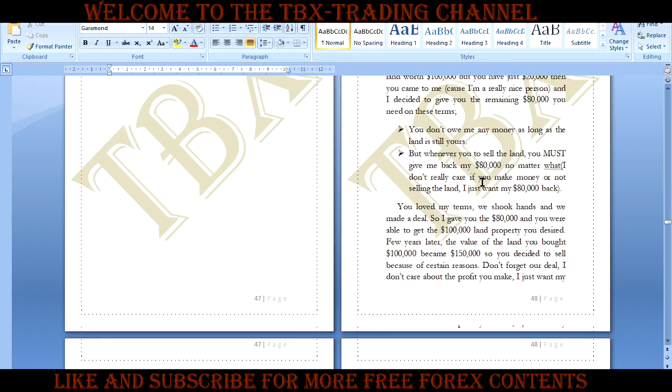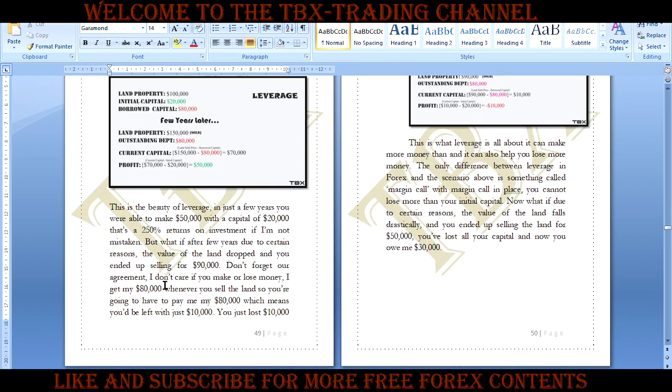The value of the land is $100,000. I gave you $80,000, and you bought it for $100,000.